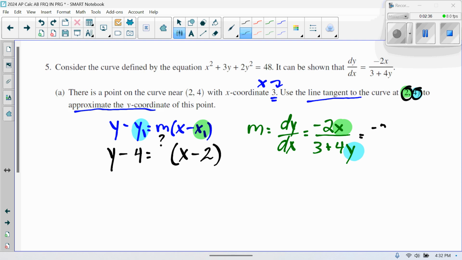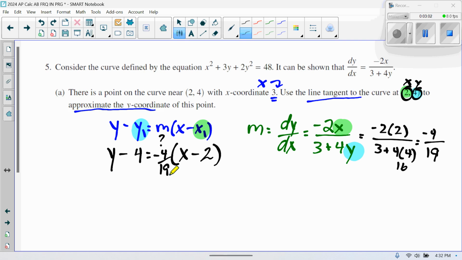We have negative 2 times my x, which is 2, over 3 plus 4 times my y, which happens to be 4. Negative 4 over, that's 16 plus 3, 19. That's my slope. It's not a nice, neat whole number, but who cares?